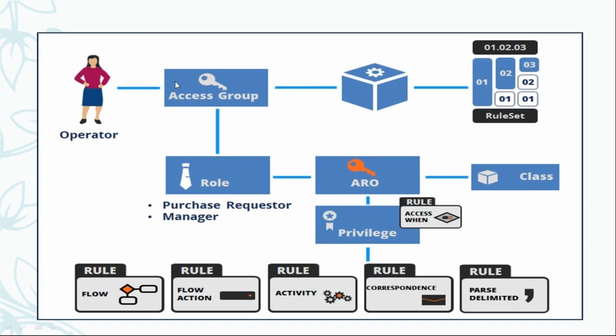So the access group and the access role play the major role in what the user is going to do. If it is the developer, he is going to get the developer access group, and once he logs in, he will get the developer portal. If it's a user, he is going to get the user access group and the user portal. The same goes for the business architect and manager.